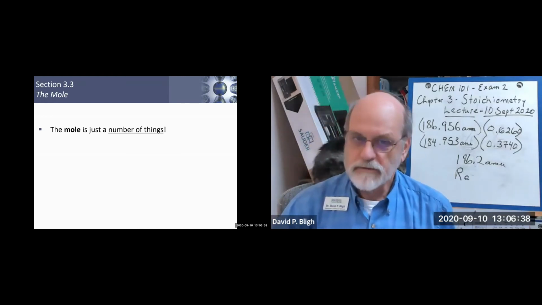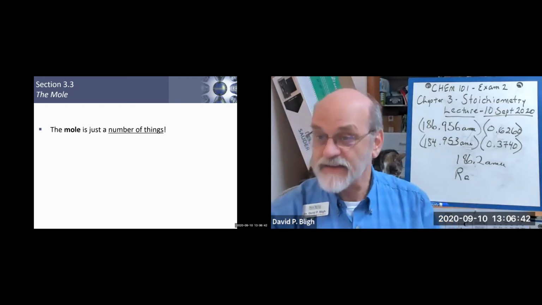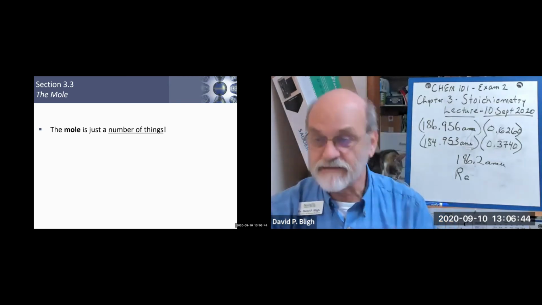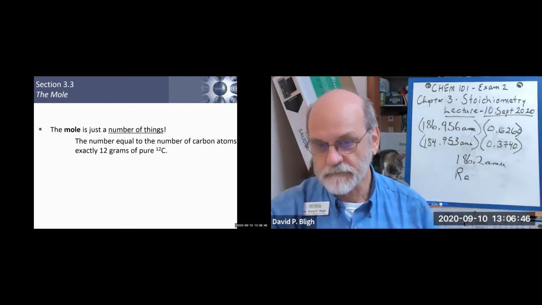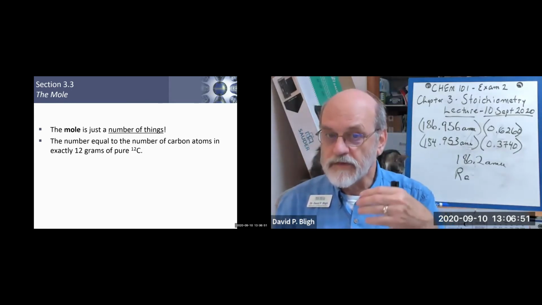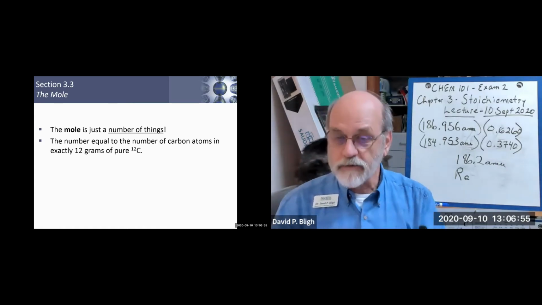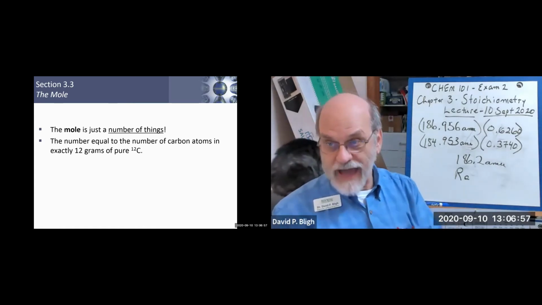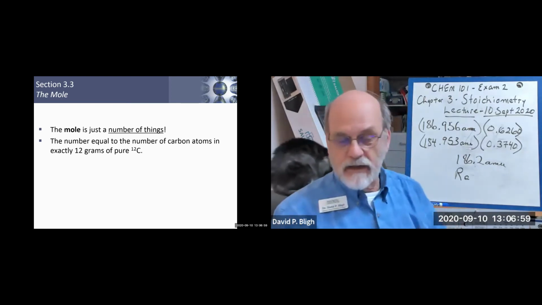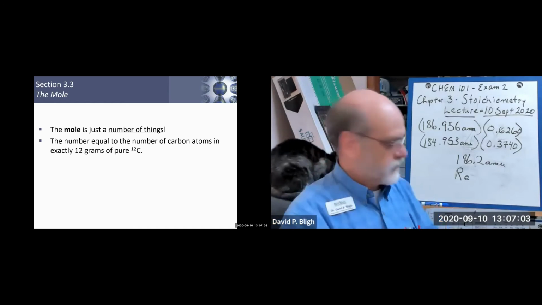And the mole is just a number of things, but it has an exact value. Right? And we base it upon the number of carbon-12 isotope atoms that is equivalent to exactly 12 grams.